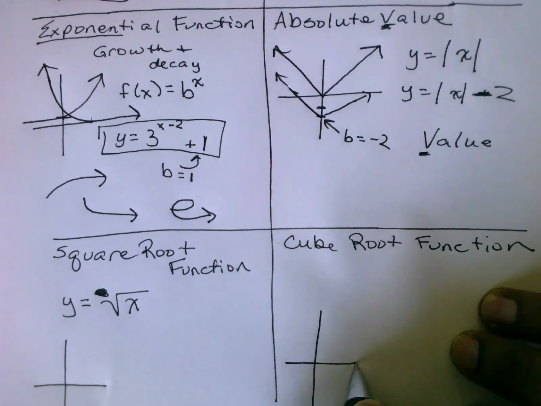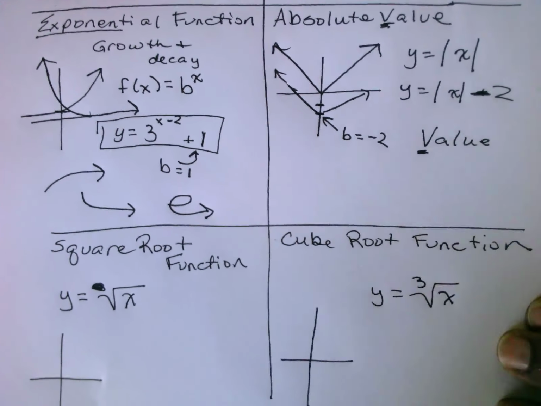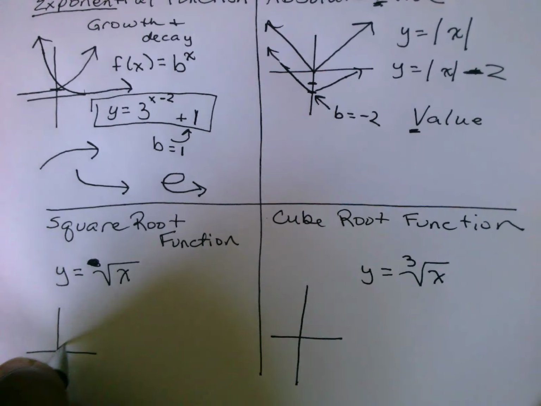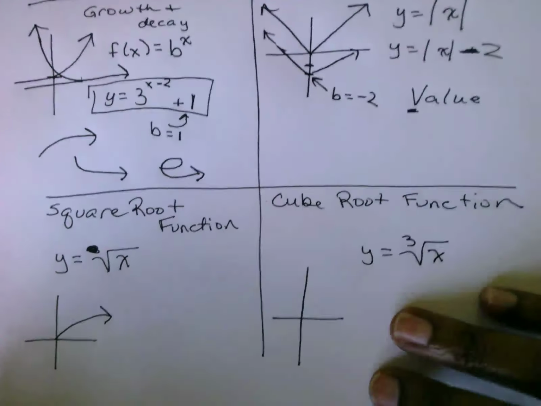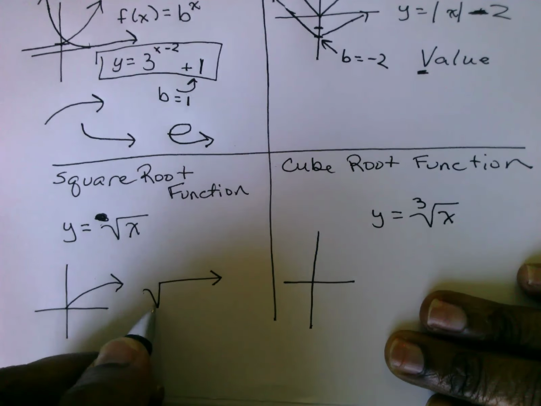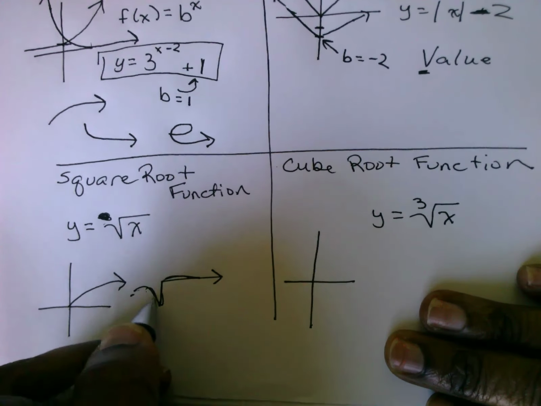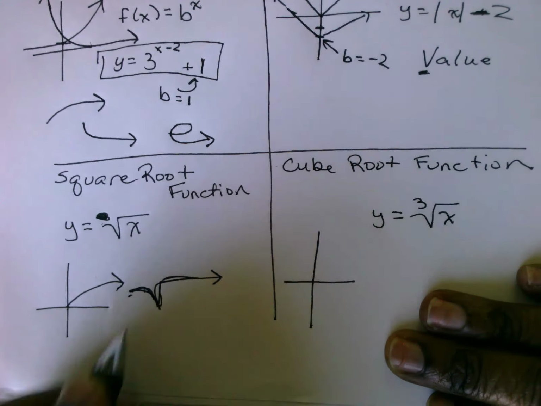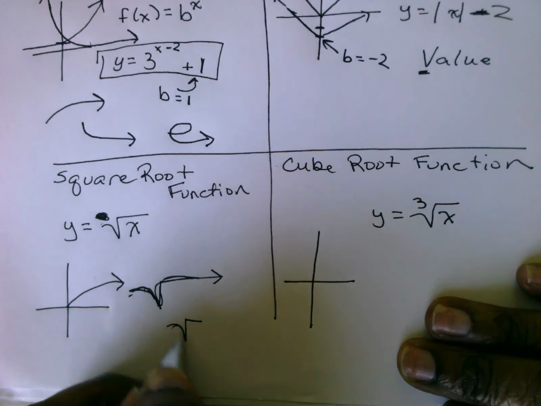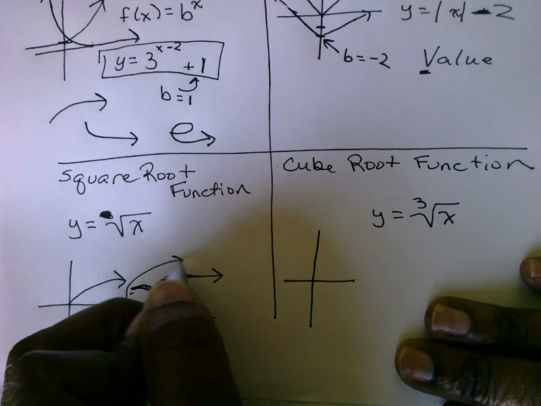The cube root function will be y equals the cube root of x. The square root function starts out, and it goes like that. You can almost see the square root symbol in the graph. It says, look, it starts here and it goes. Or you can say this, like there's the square root. Under the square root sign, you can see the graph. It's kind of like, look, square root. Okay?